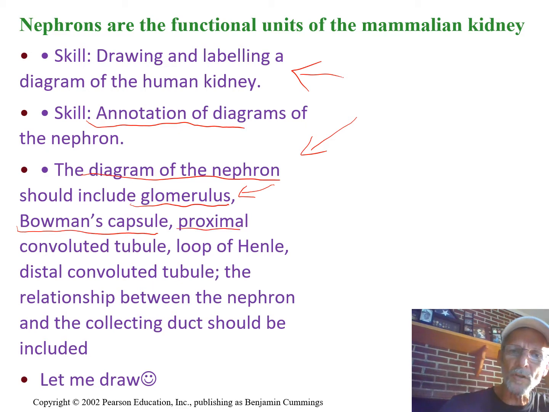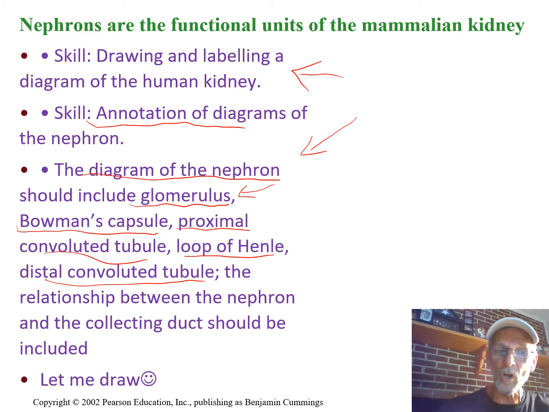The next parts of the tube have their own names, and they might ask you to label all of those, okay? The last part of this tube system involves where several nephrons all funnel into one tube, and that one's name is collecting duct, okay? We're going to see this in a diagram in a second.